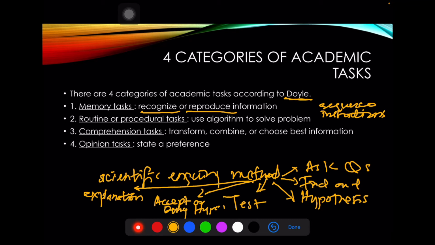Okay, the next one is comprehension task. Transform, combine, choose the best information. Meaning to say, if you understood a certain paragraph, so you can actually combine the idea with another paragraph from another article that you have read.